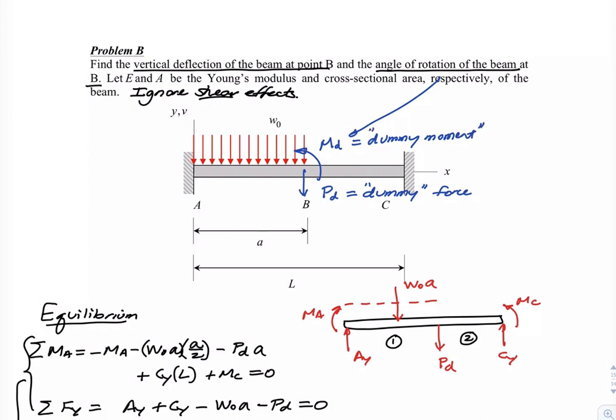And we would do the same thing. We would carry that through. We would still be solving for AY and MA, but the final step then would be to use partial U with respect to MD, setting MD equal to 0 to find the rotation there at B.